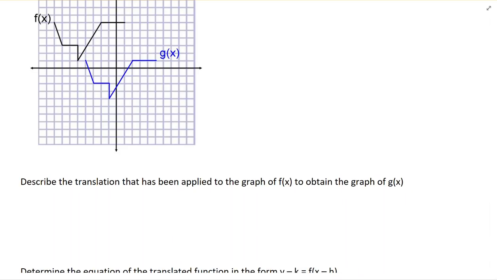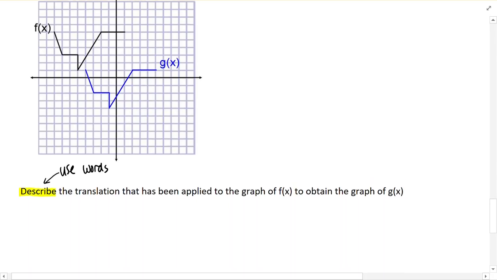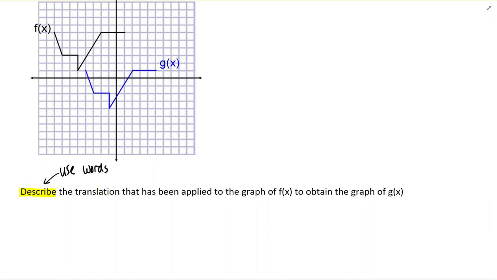You will see this word describe a lot. When I say describe, what I mean is use words. Specifically, tell me in words what is going on. So from f of x to g of x, what you want to do first is find 2 points that are the same part. For example, I have this point here, which corresponds to that one.